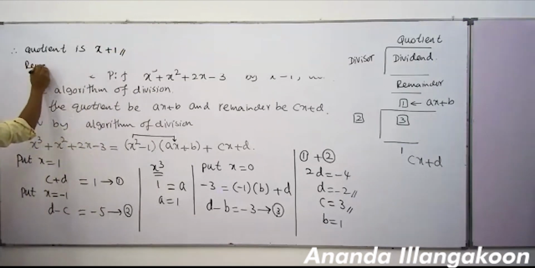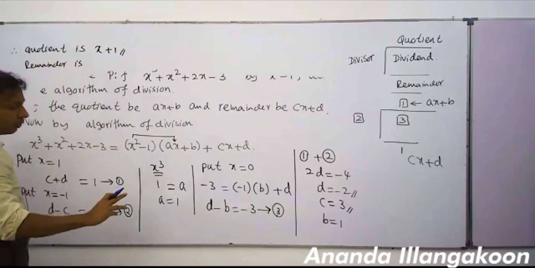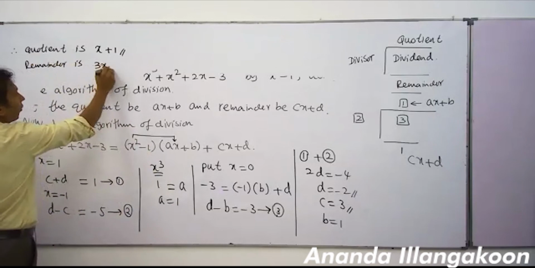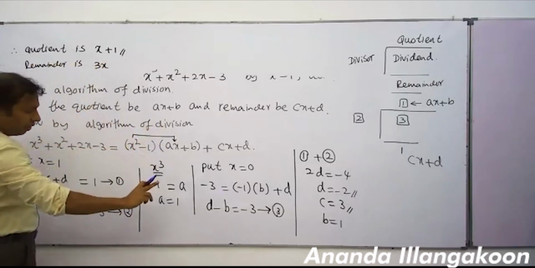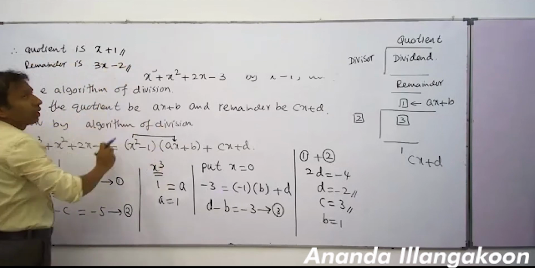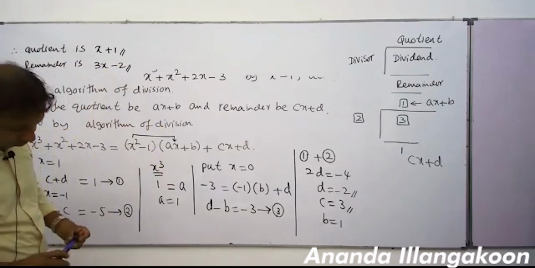Remainder is cx plus d. C is 3, 3x plus d, d is minus 2. This way we can use the algorithm of division to divide these two. Right.